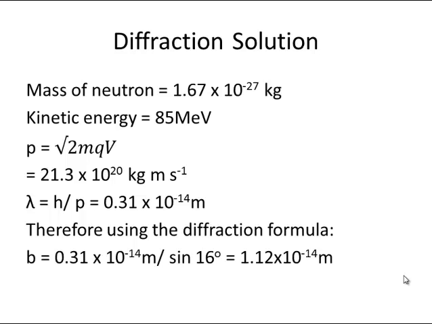Now if I use the diffraction formula, I recognize that B is going to be equal to 0.31 times 10 to the minus 14, which is the wavelength, divided by sine of 16 degrees, which is obviously the angle to the first diffraction minimum, so therefore gives me a value for B of 1.12 times 10 to the minus 14 meters, which is a suitable approximation. Hopefully you've now had an insight into considering particles in the form of waves.